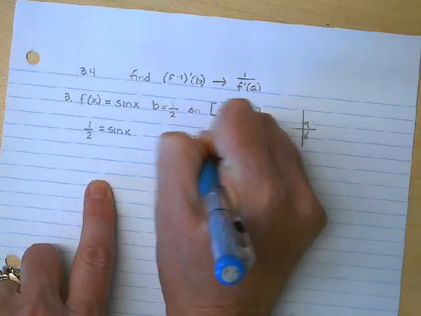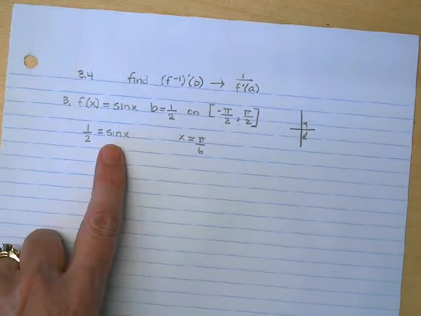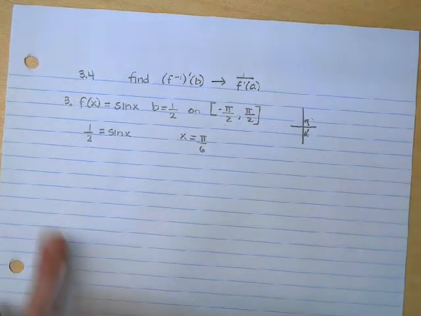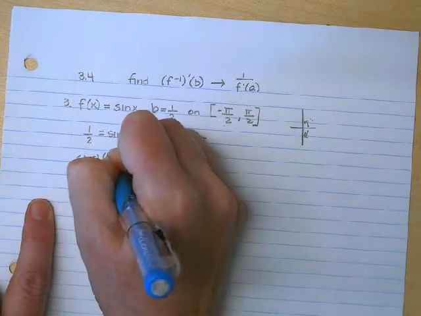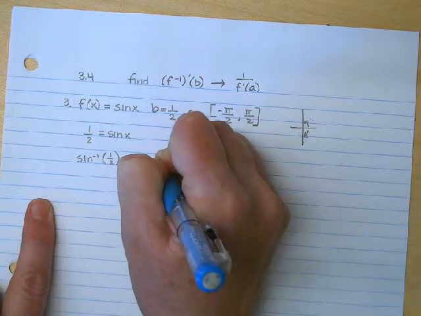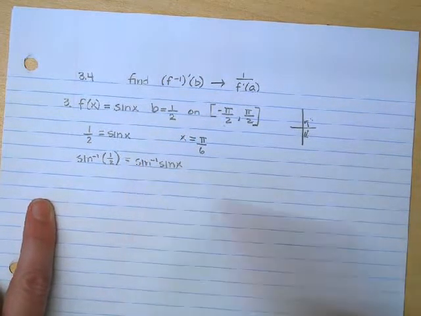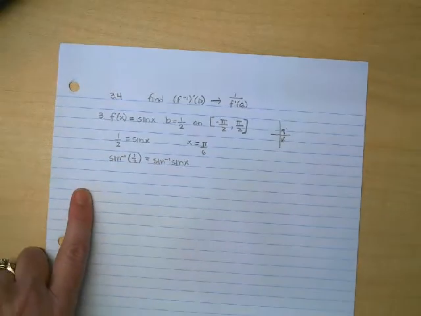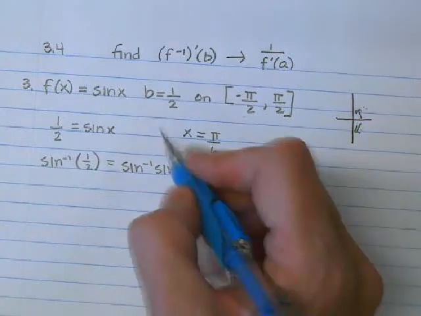Now, if you're wondering, okay, what does that have to do with an inverse sine? If I wanted to solve this for x, what I would do is I would say sine -1 of 1/2. And again, normally we don't show that we're taking the inverse sine of both sides. We just kind of write it.